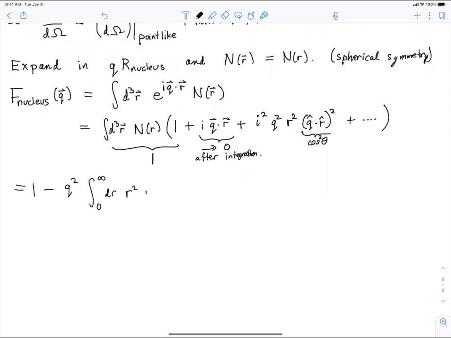I'm going to write that as another r squared. There's my n of r factor. And then I've got the angular integrals to do. And I see that what's going on here is I've got an integral of cosine squared theta.